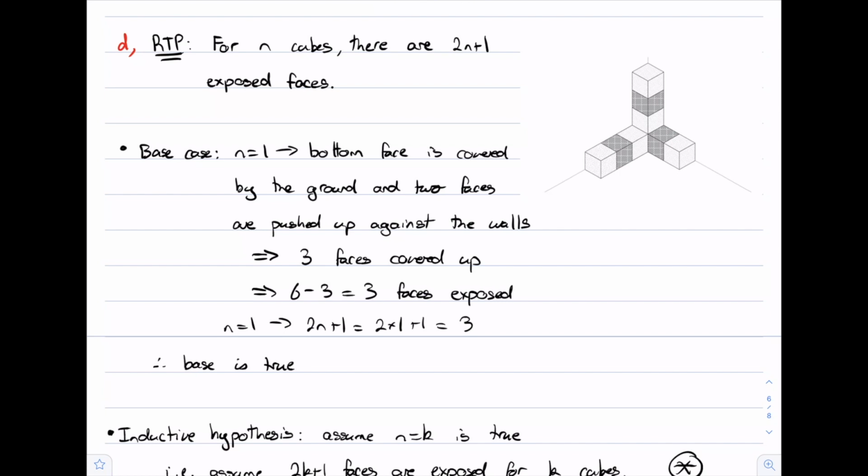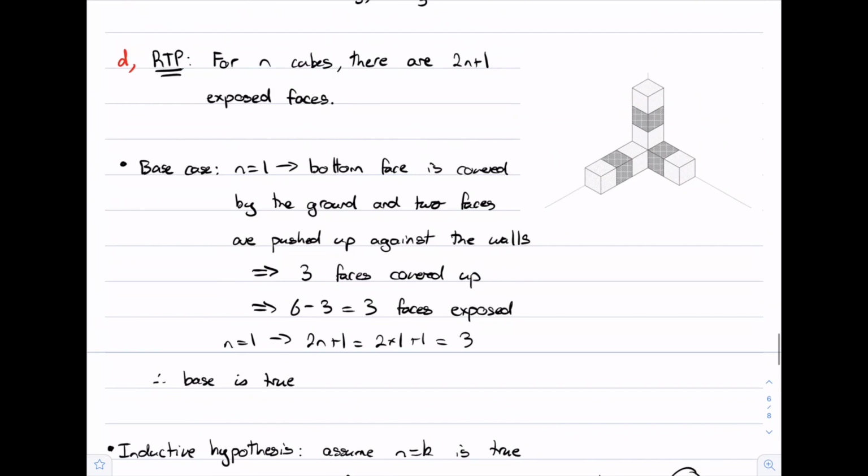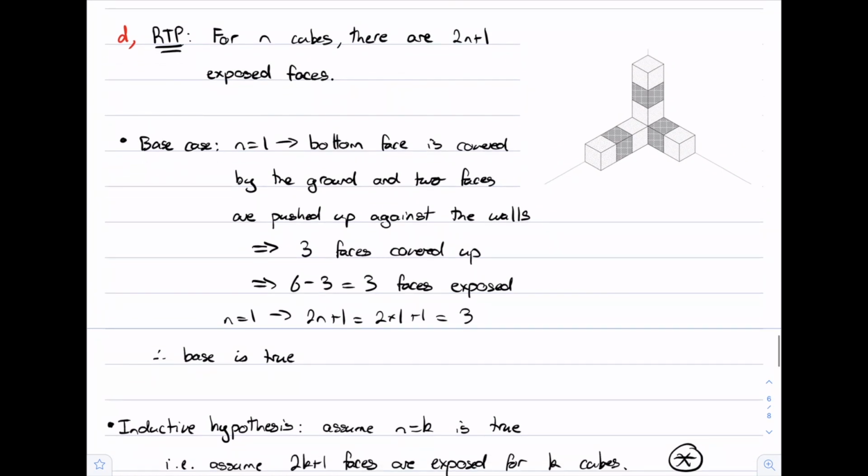But when we introduce the new cube, we actually add 3 new faces, just in the same sort of manner that we started off with in our base case. Okay, and this applies wherever we're looking. So whether we put a cube here, or whether we put a cube here, this is the face that will disappear, that one there, or whether we put a cube up top, this face will disappear. So we're always going to lose one face from what's already existing, but then we're adding on 3 extra faces.